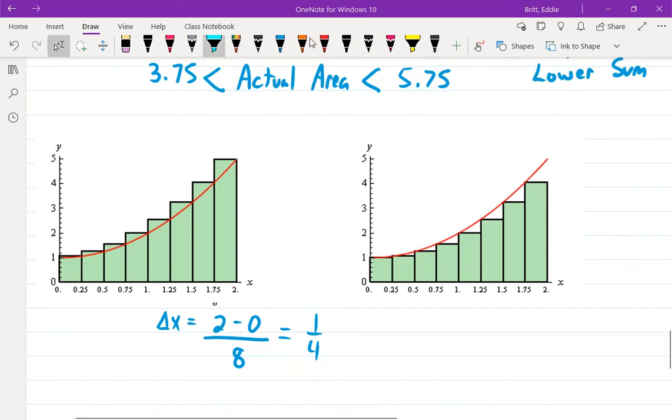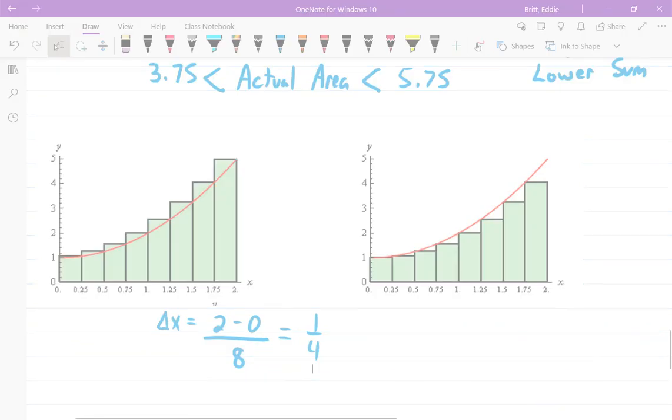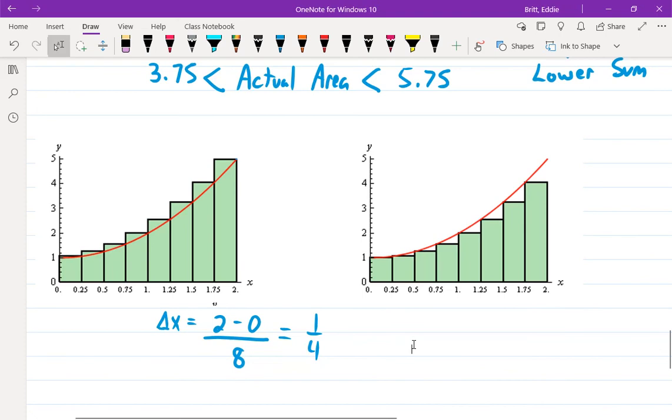Here are the answers that you would get if you do that, just to give you an idea. So for the right, starting at the right endpoint, you would get 5.1875. Starting at the left endpoint, you get 4.1875. So our actual area, we know it's between those two.